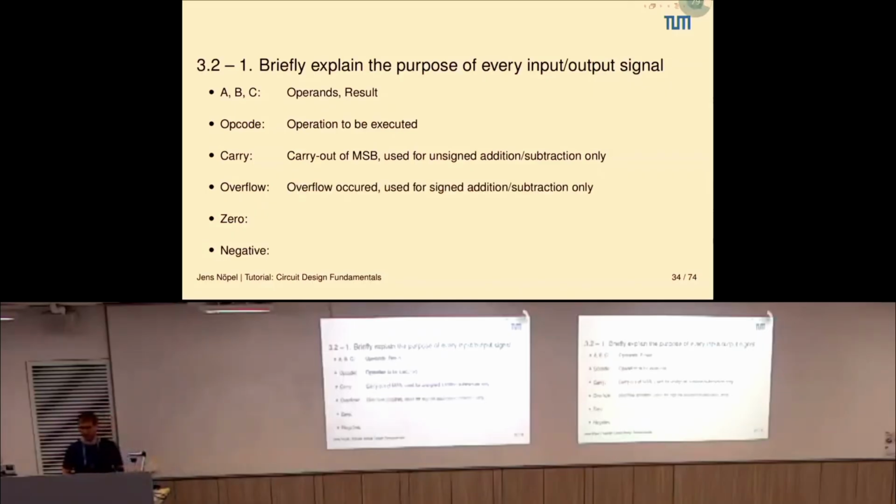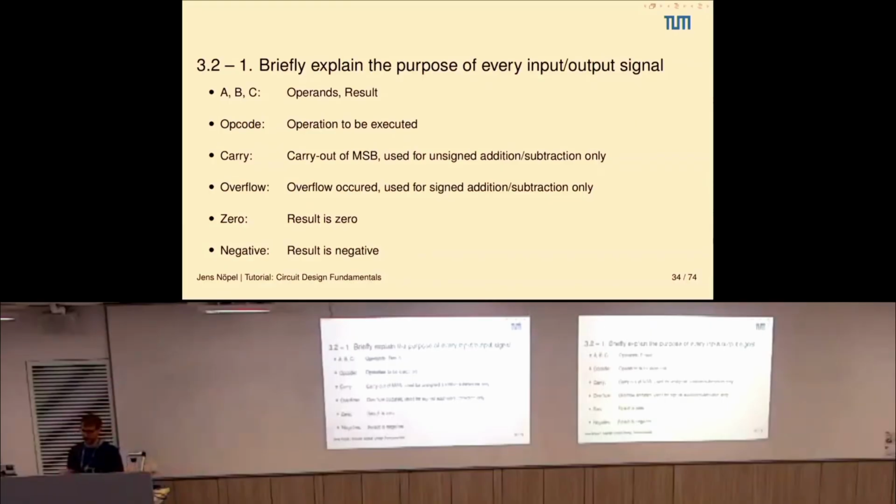And if we have signed addition and subtraction, we use the overflow flag. And this tells us whether we have an overflow of the signed result. Then there are 2 other flags, which are the zero flag, which is set if the result is 0, and the negative flag, which is set if the result is negative.